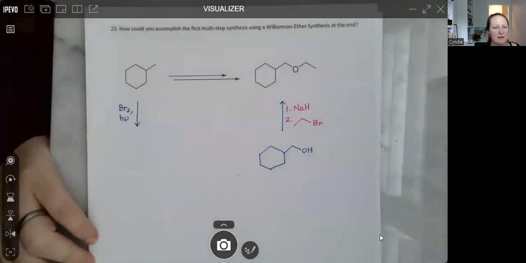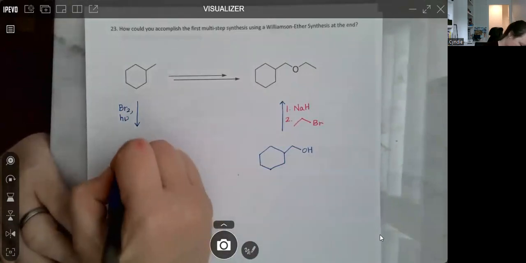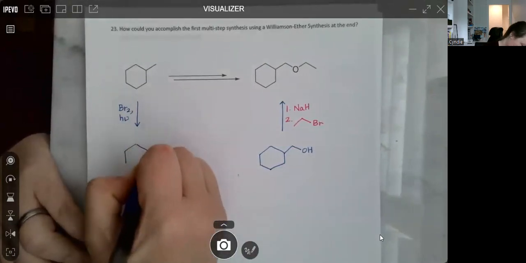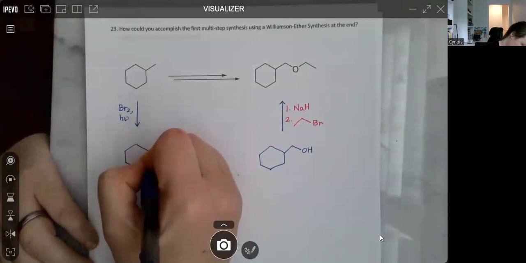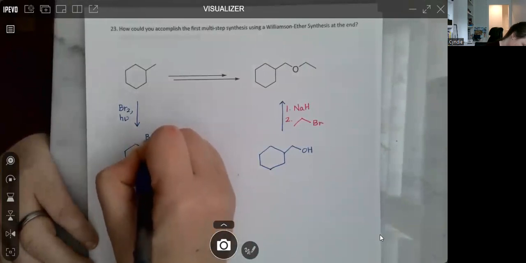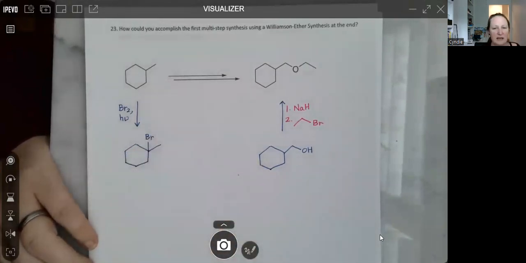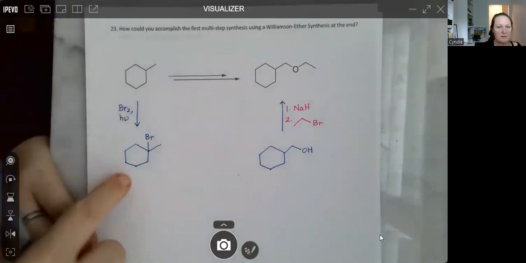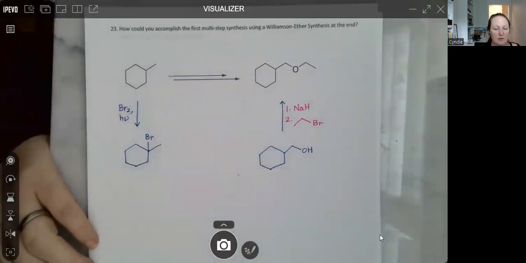And it's best always to use bromine because that's the most selective of the halogens. And it doesn't matter where you want the bromine to go. The bromine will selectively go in the most substituted position. You can't choose. So that's where it's going to go no matter what.